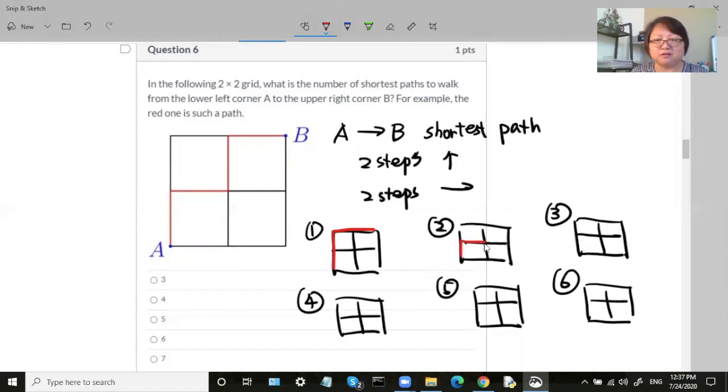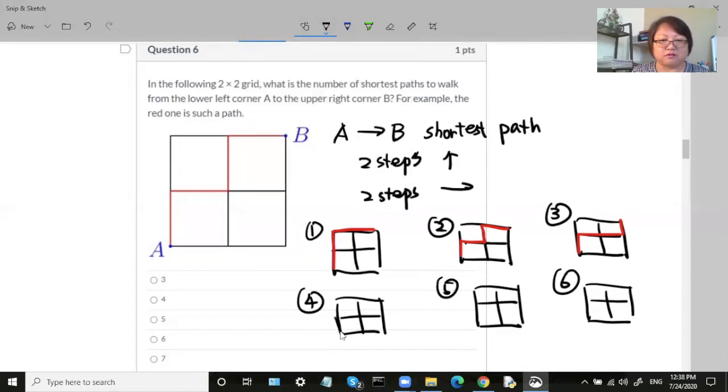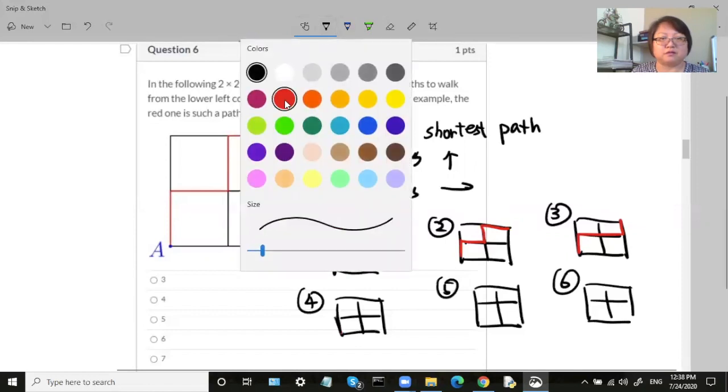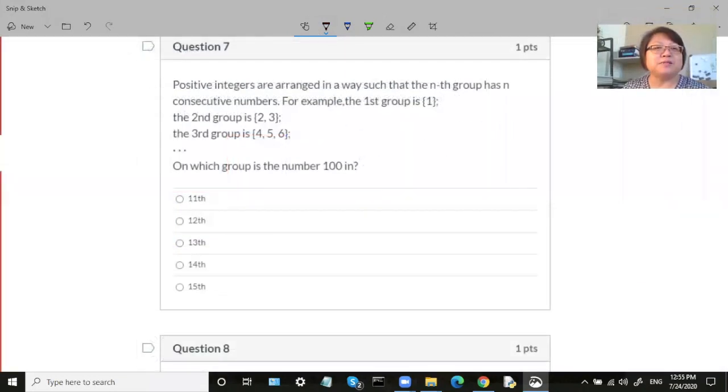The second one, we can walk like this, or we can walk like this. And the fourth one, we can walk, oh, okay, sorry, no red here. So we can walk like this, or like this, and the last path. Okay, so total 6 shortest paths. So the answer would be D.